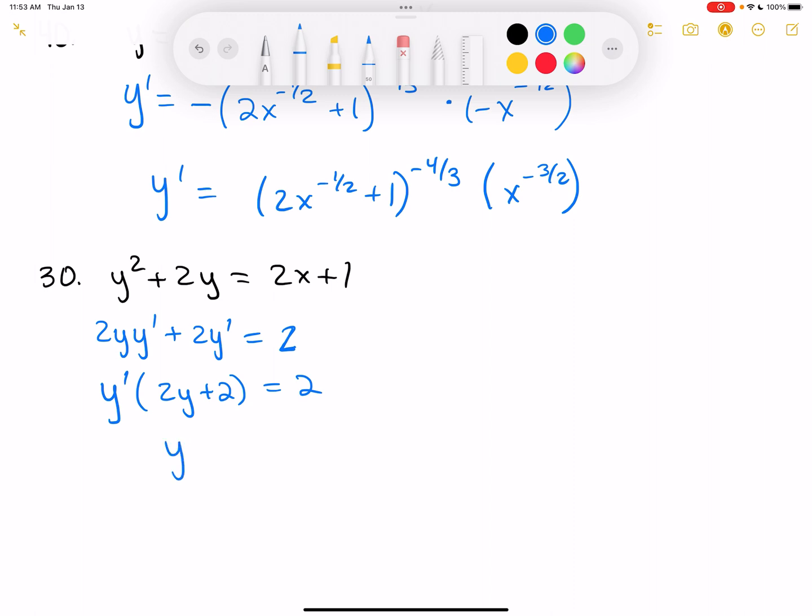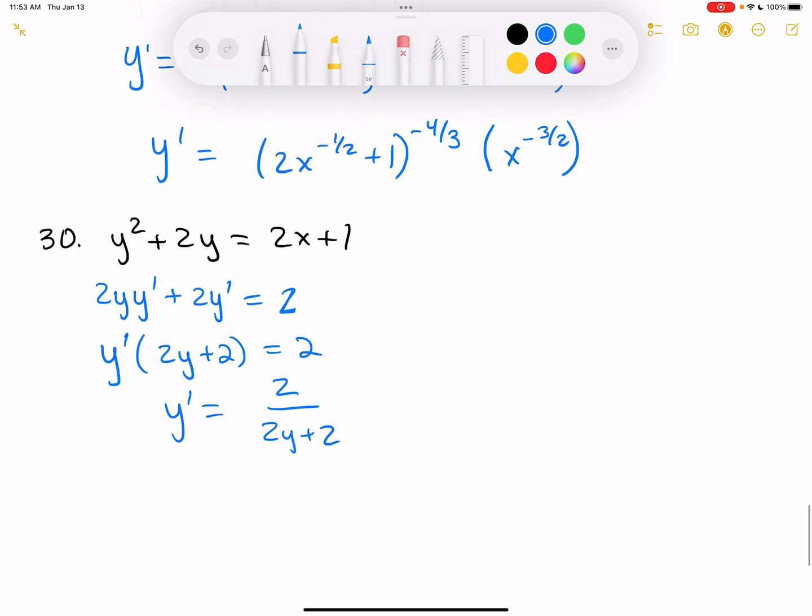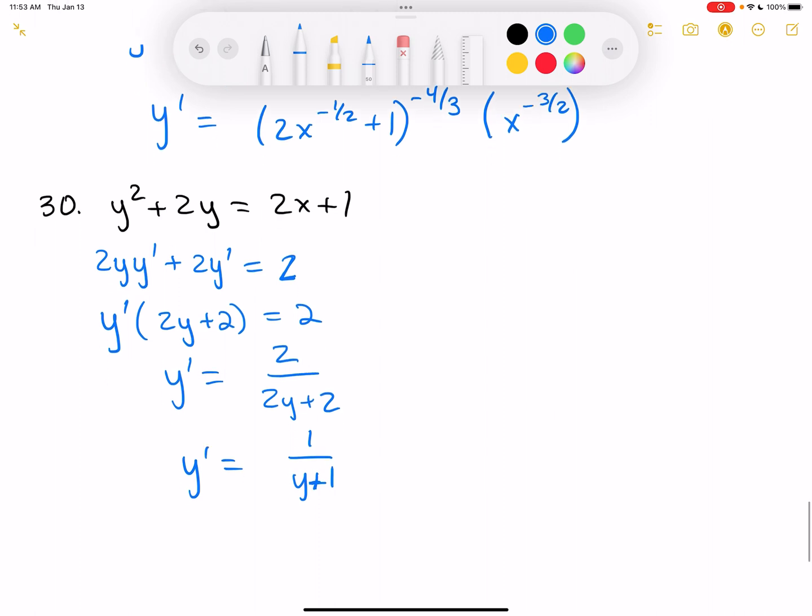So then you got... and you can take a 2 out of everything. So you're left with 1 over y plus 1. You just want things as simple as possible because taking that second derivative will get brutal if you don't have it simplified down as much as it can.